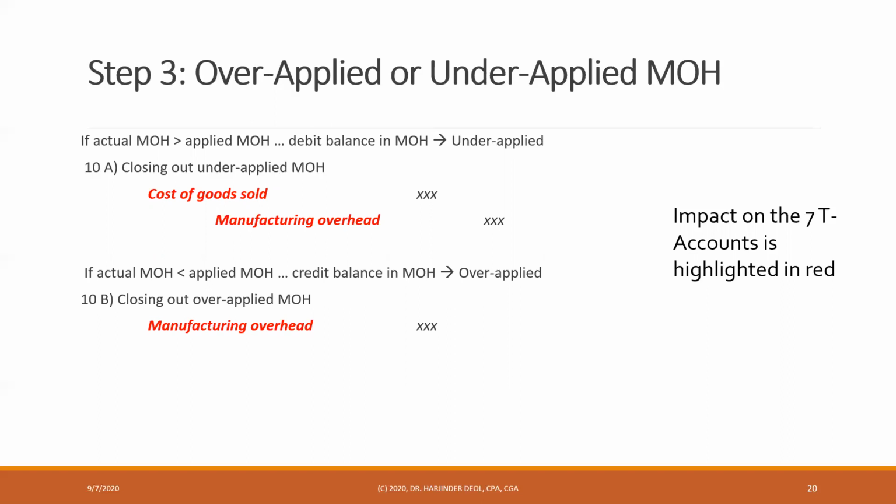Under applied manufacturing overhead is closed against cost of goods sold, end of story. But if manufacturing overhead is over applied, the entry involves crediting 3 accounts. We will credit work in process inventory, finished goods inventory, and cost of goods sold. Now, how that amount is split, we will take a look at in the next slide.